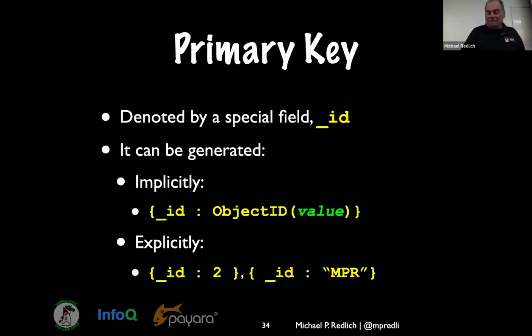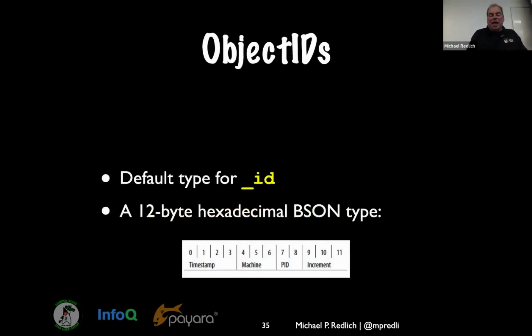So that's pretty flexible. And the default type here, as you can see, is hexadecimal. Okay. Did I say that before? Yes, I did. So you can see how it's generated there: the timestamp, the machine, process ID, and the increment. So that's how that's stored if you have it automatically generated for you.